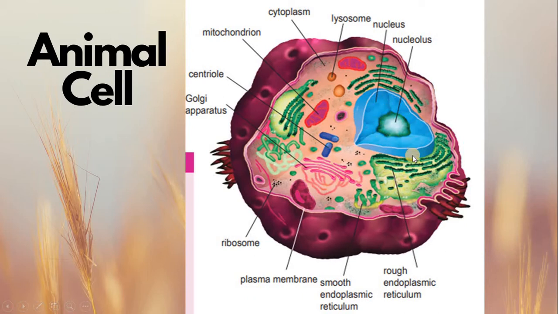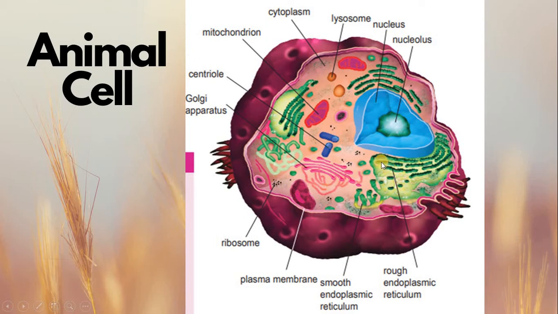And then the nearest organelle to the nucleus is the rough endoplasmic reticulum. The small dots that scatter in the cytoplasm and also attach to the rough endoplasmic reticulum are called ribosomes.